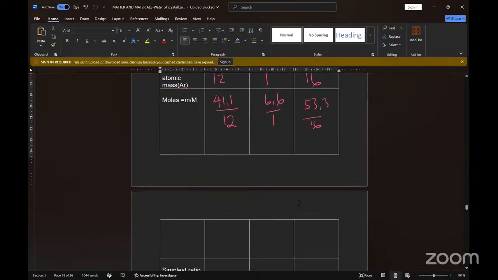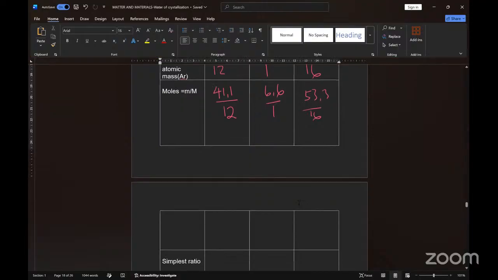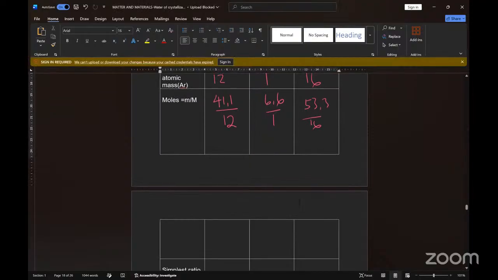So 41.1 divided by 12, that gives you 3.425. Now, when it comes to these ones, try to write as many as possible, at least to 3 decimal places. It makes things easier for you wherever possible. 6.6 divided by 1 is 6.6.